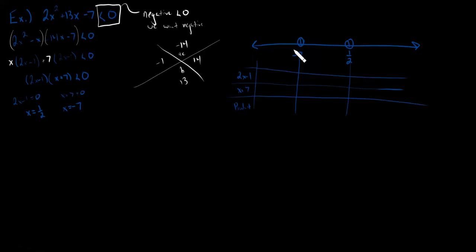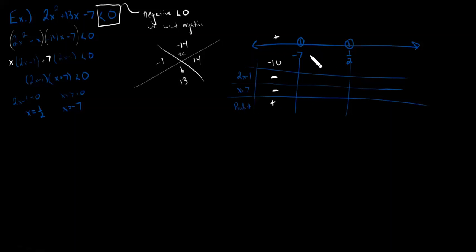So for a number less than negative 7, I can plug in something like negative 10. If I plug in negative 10, this would become negative 20 minus 1, which is definitely negative. If I plug in negative 10 here, I'm going to have negative 10 plus 7. That will also be negative. And when I multiply two negatives together, that gets me a positive. So this entire interval here will be positive. And since we want to be negative, that's not going to be part of our solution.